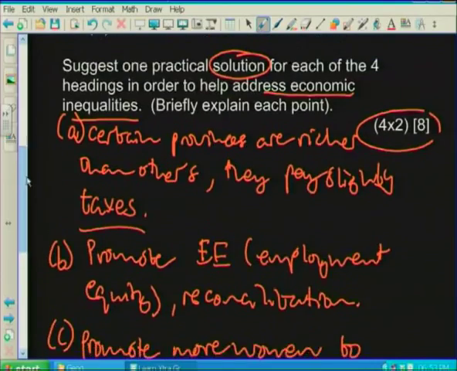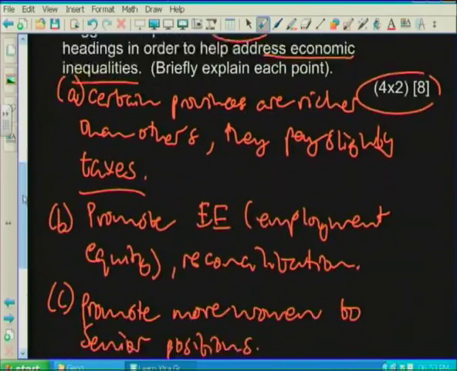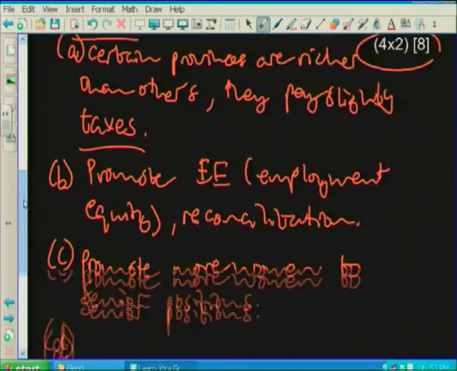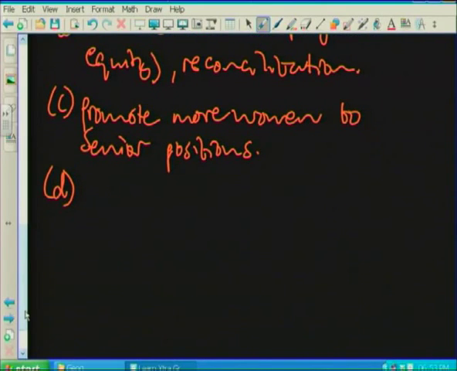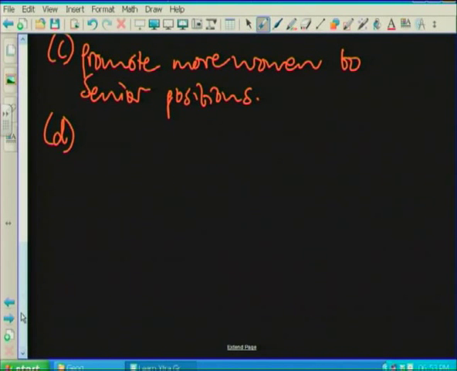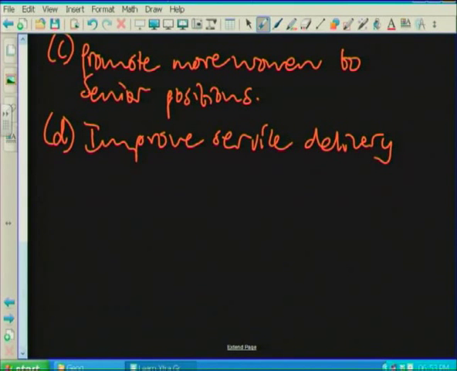The last one, urban or rural issues. How can we deal with urban or rural issues that are going to address economic inequalities? Remember, you are answering the question. Always come back to the question and make sure you're answering what you need to be saying. Improve service delivery. You know that urban areas have all the good services.